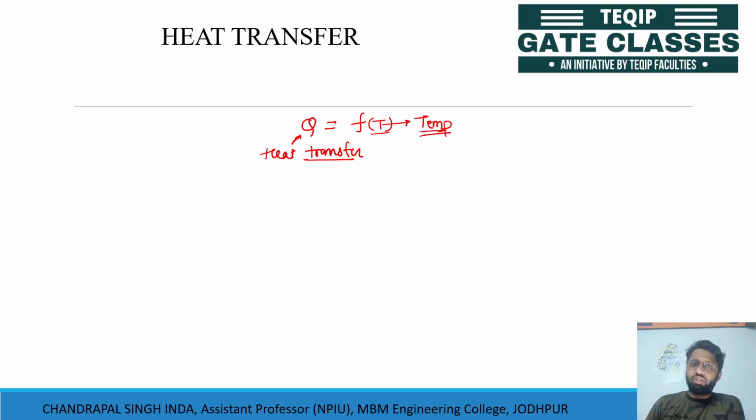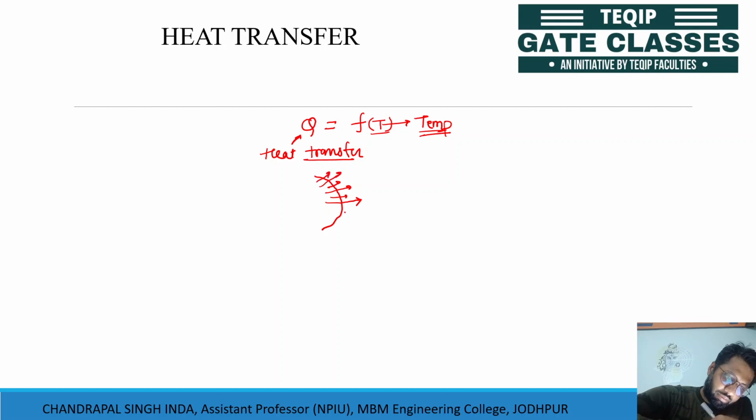Heat transfer is a directional phenomenon. It always occurs normal to the given surface. So this is the surface and this is the direction of the heat transfer.